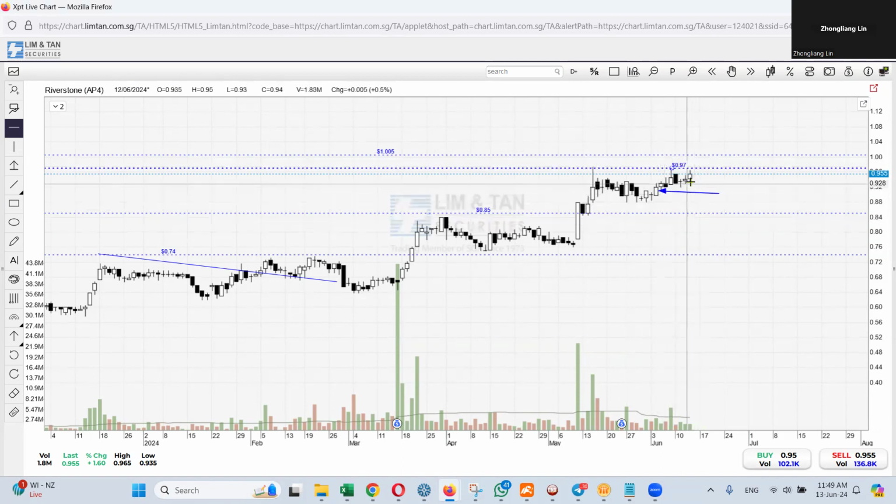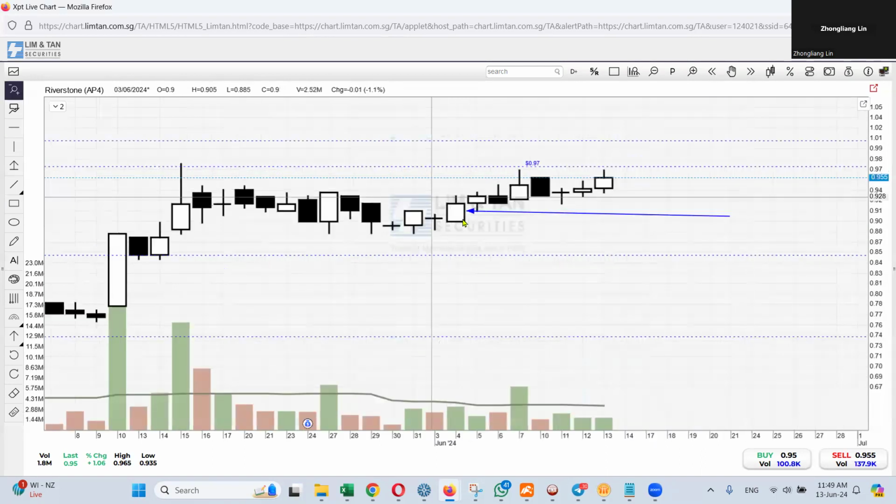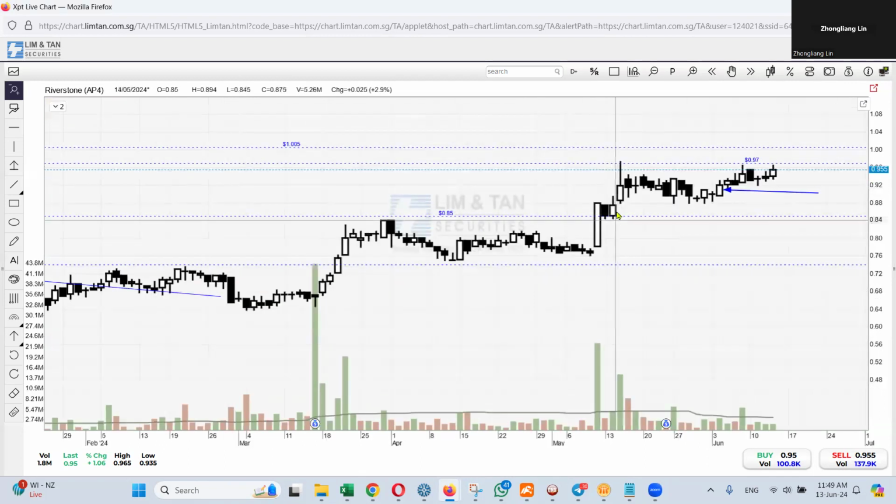Currently it's trading at 9.55. So let's see whether the uptrend can continue. If you look at the chart formation over here, Riverstone is actually quite bullish. Every pullback met with a rebound. So in fact, this is a bullish formation. Of course, that is only confirmed if it can break out from this resistance at 9.7.